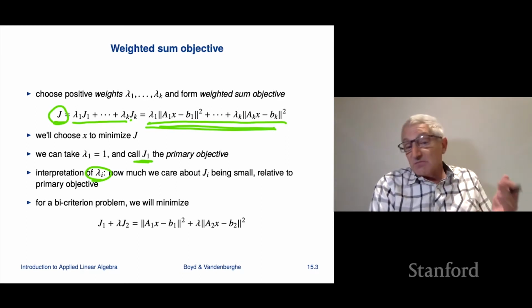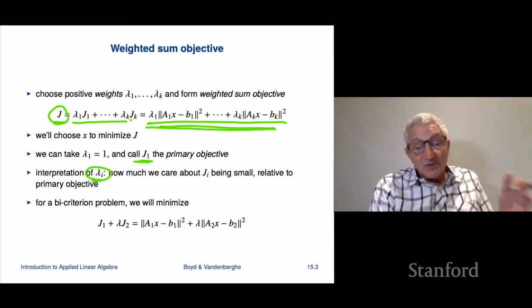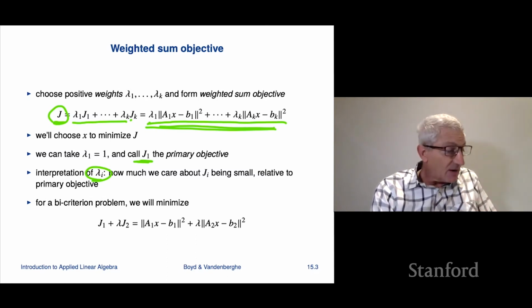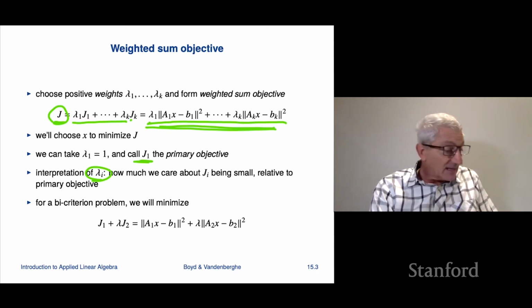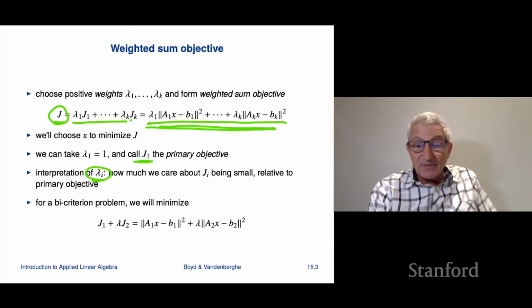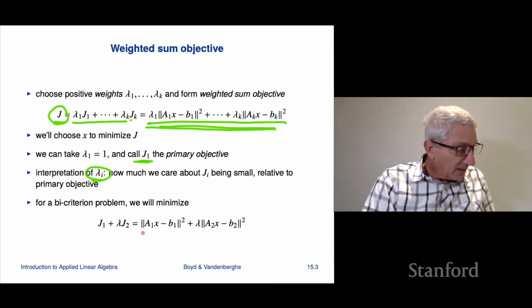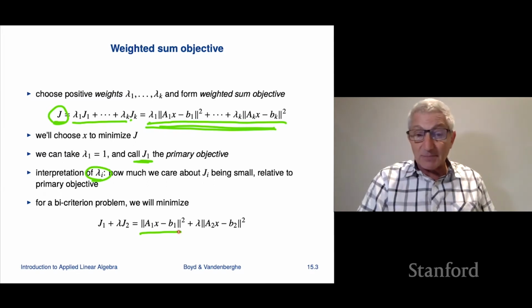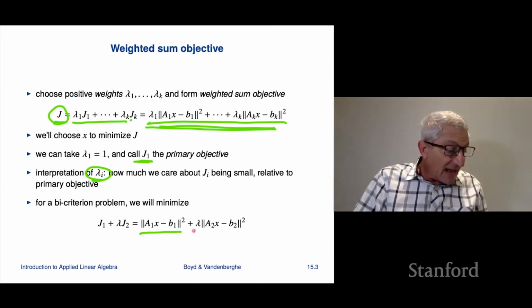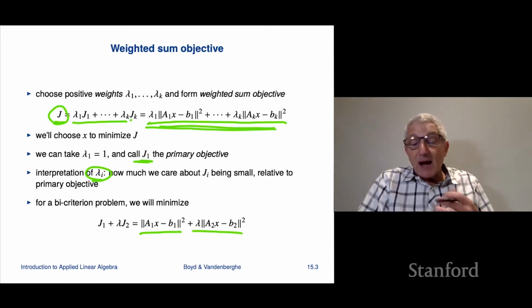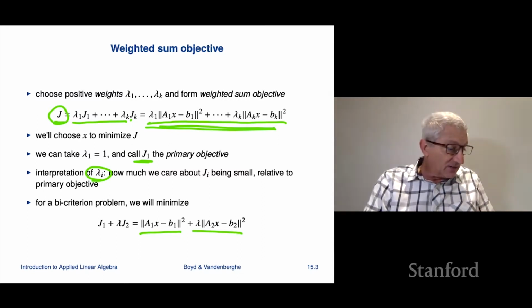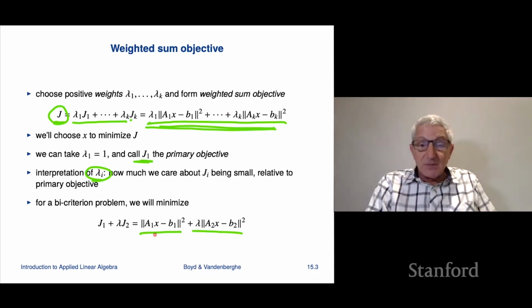In applications, you'll choose different values, as we'll see momentarily. Now, an important special case of this is the so-called bicriterion problem. That's where k equals 2, which means you have just two things you want small: norm a1x minus b1 squared plus lambda times norm a2x minus b2 squared. Here, lambda is literally how much the second objective irritates you compared to the primary objective, norm a1x minus b1 squared.